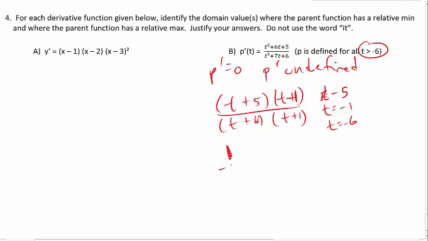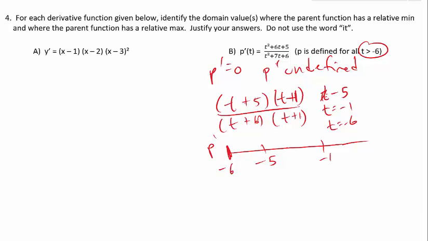So when I make my number line, I'm going to put negative 6 on the far left. I'll plot negative 5 because that's a critical number, and negative 1 because that's a critical number. And I'm going to test numbers from each section by plugging them into p prime to see if I get a positive or a negative result.